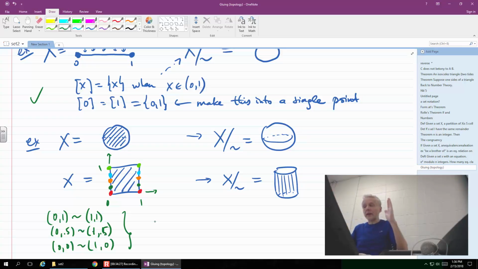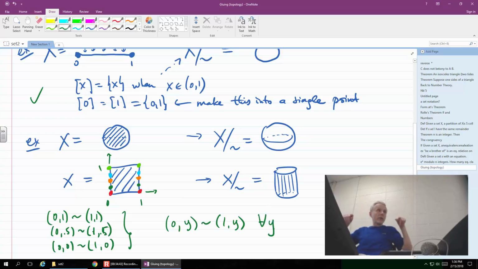The first coordinate is 0, and the second coordinate y, it's equivalent to what? (1, y). For each y there will be a point on the edge and a point on the other edge, and they're said to be equivalent to each other, and you glue them together into what amounts to a cylinder.